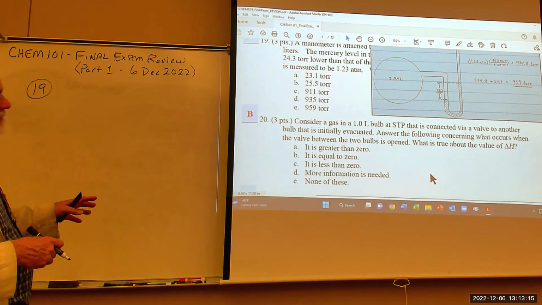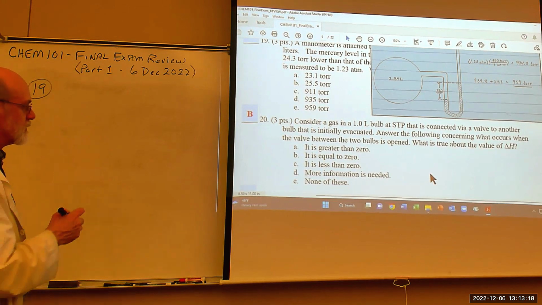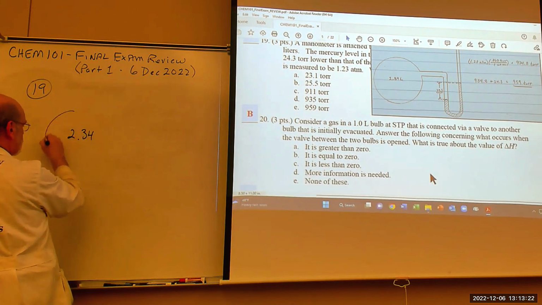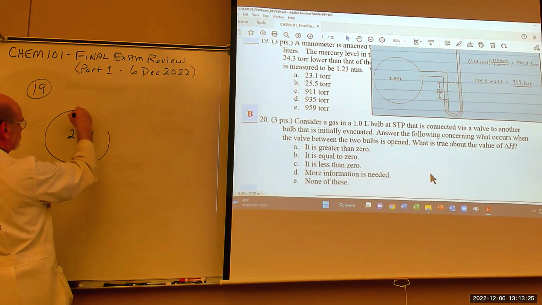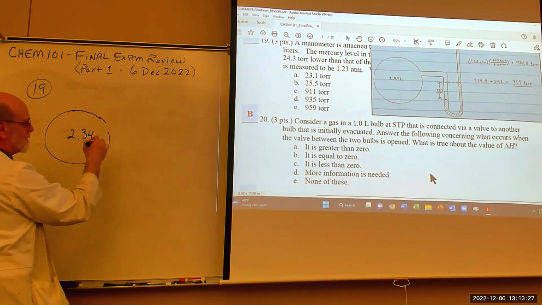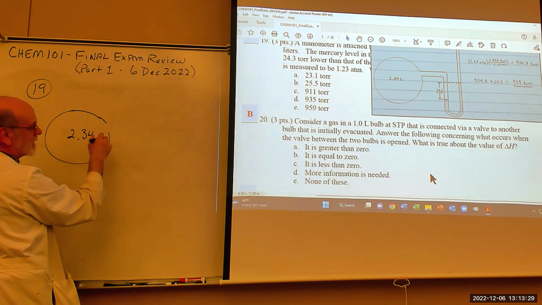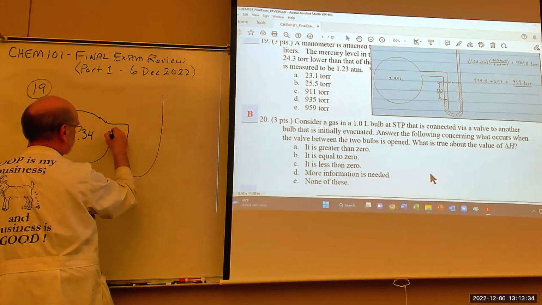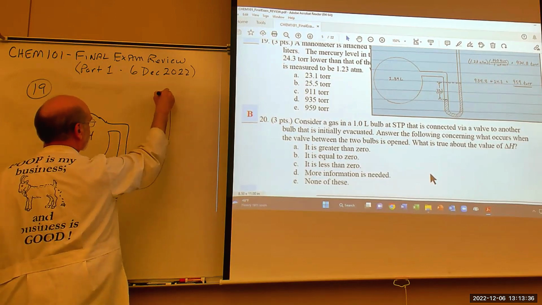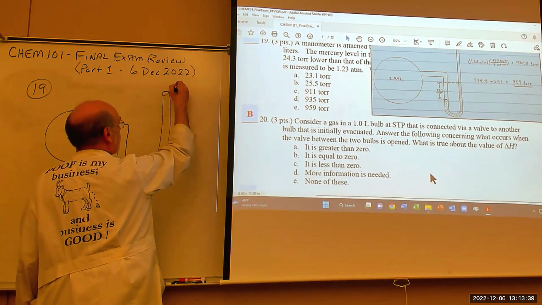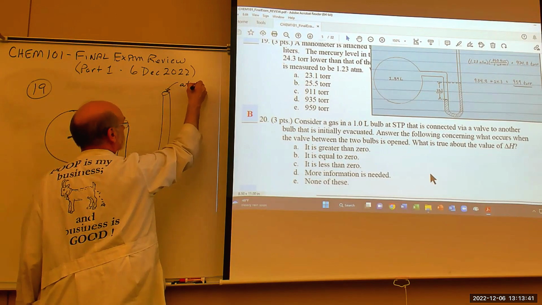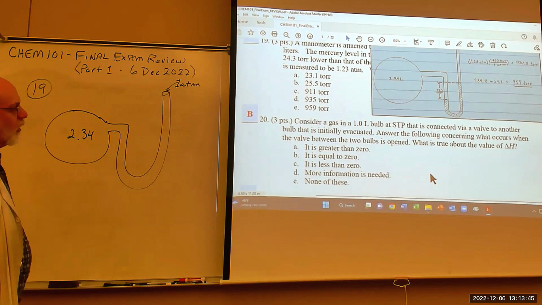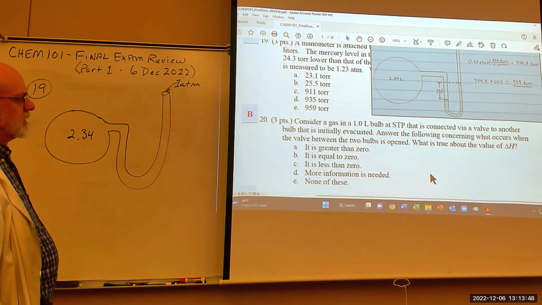Here's our manometer. The manometer has a volume of 2.34 liters in this trapped gas. The manometer measures the pressure inside that vessel. So we have 1 atmosphere bearing down there, or whatever the pressure happens to be.